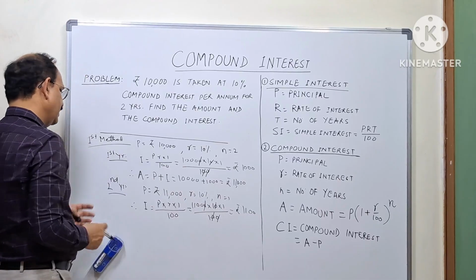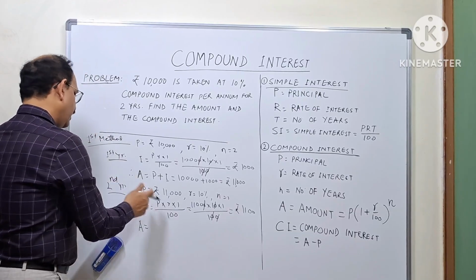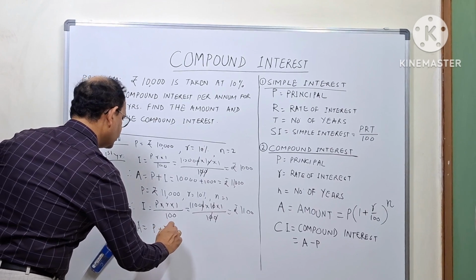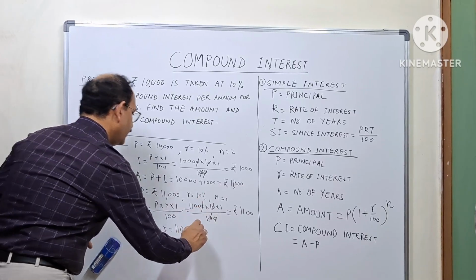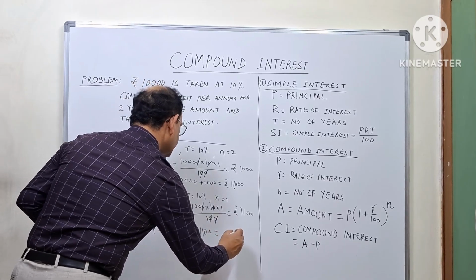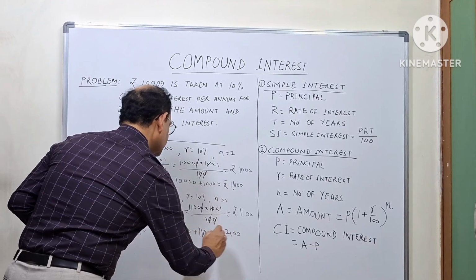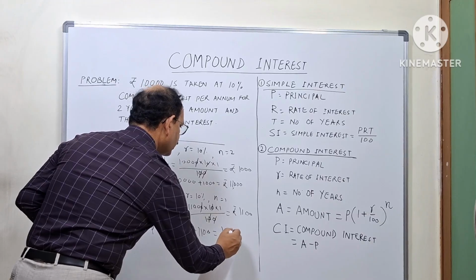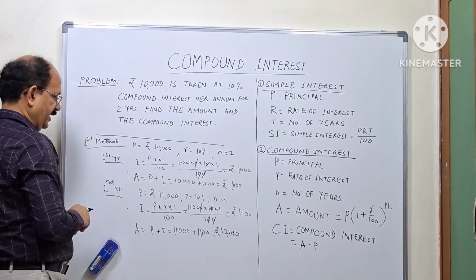That becomes the interest in the second year, and therefore amount at the end of second year will be principal in the second year plus interest earned in the second year. Principal is 11,000 plus interest is 1,100, and this becomes 12,100. That becomes the amount at the end of second year.